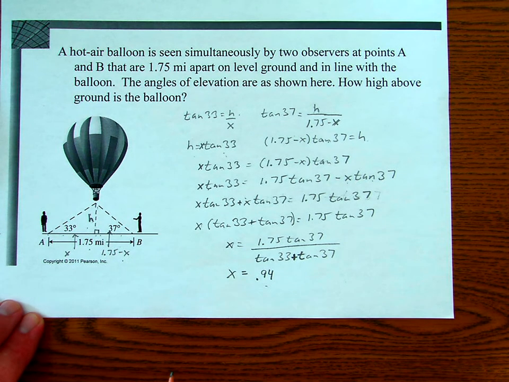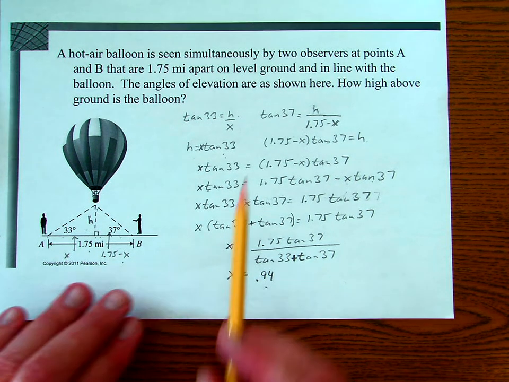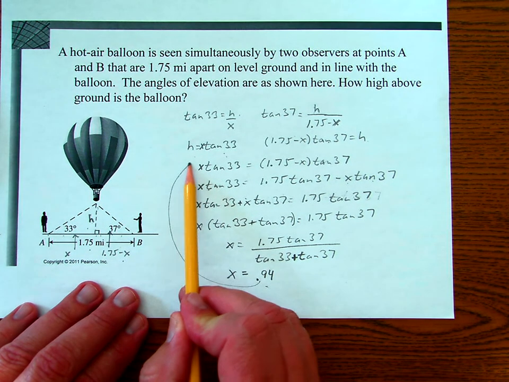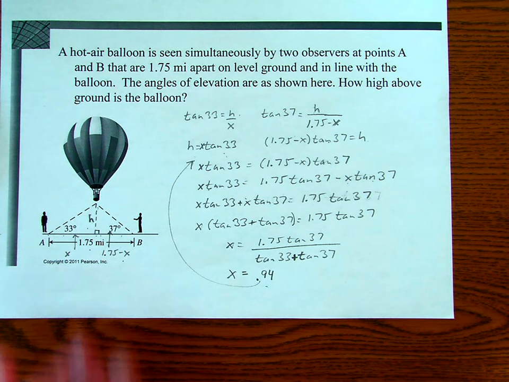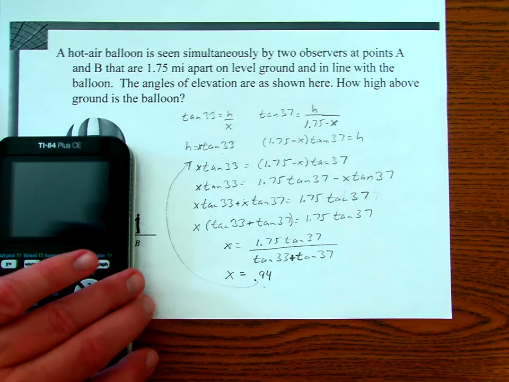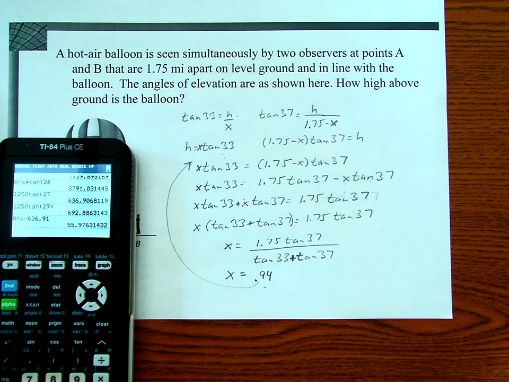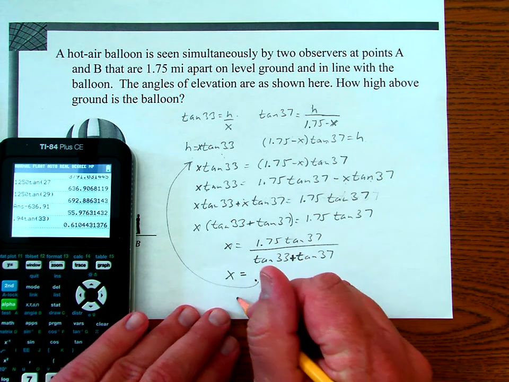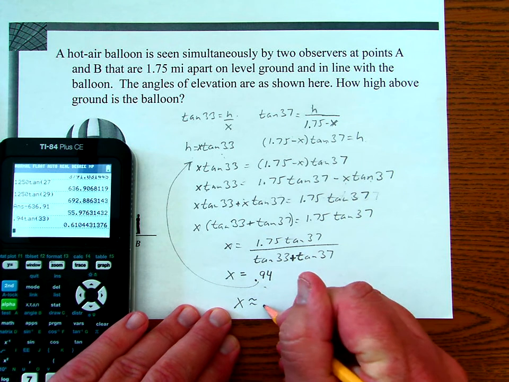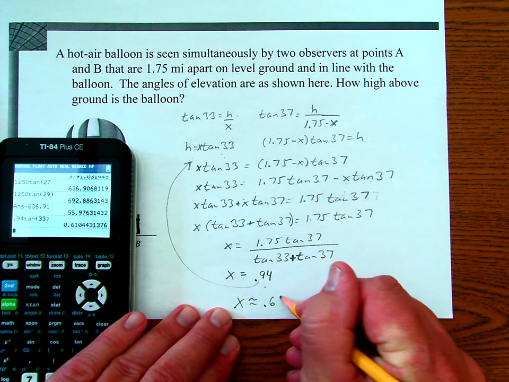This equation up here will be the quickest. Plug that x in there, so we have about 0.94 times the tangent of 33. To 2 decimal places, we get about 0.61 miles.